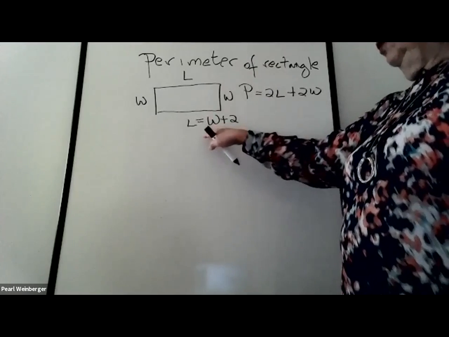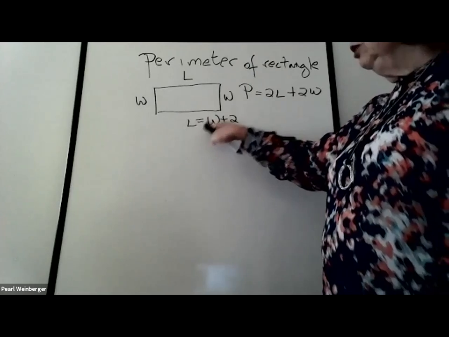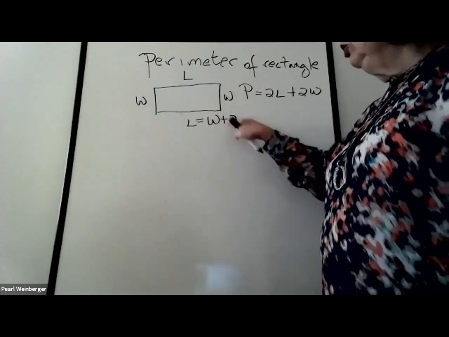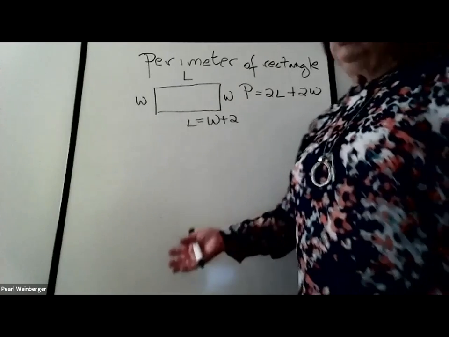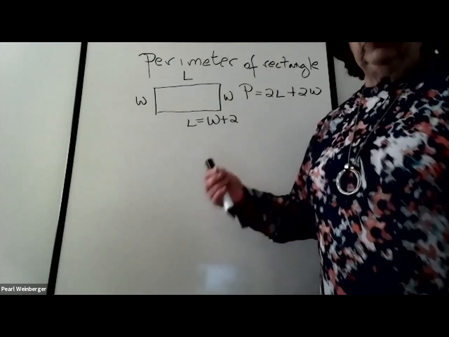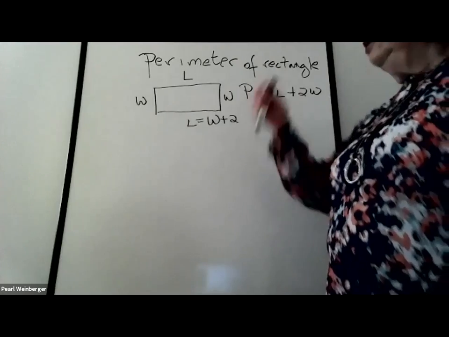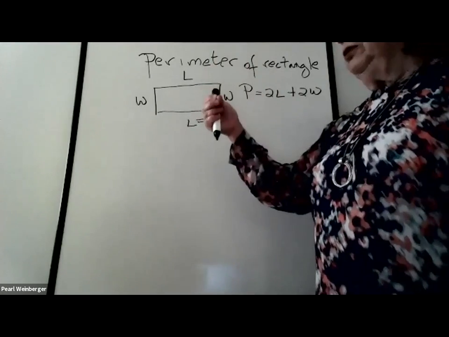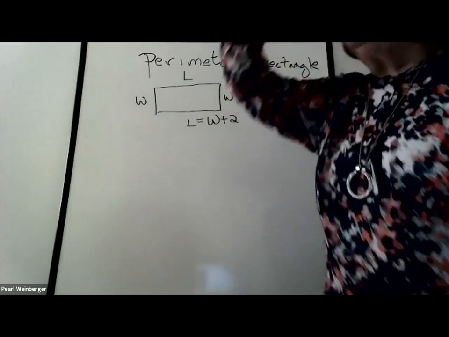Now, when it comes to addition, it wouldn't have made a difference if you said W plus 2 or 2 plus W. It doesn't make a difference because when you're adding, the order in which you add doesn't affect your final answer. But if I say 2 less, don't ever say 2 minus W. 2 less means the 2 is the number that's being subtracted.